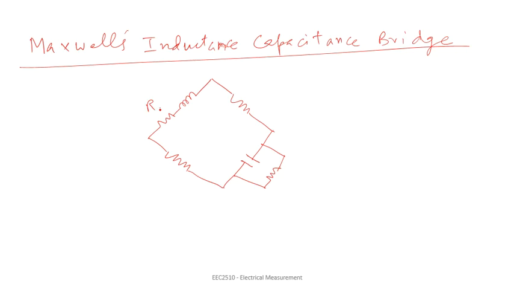So this is R1, L1, this is R2, this is capacitance C4, this is R4. Suppose the current flowing here is I1. Let me place a detector first.